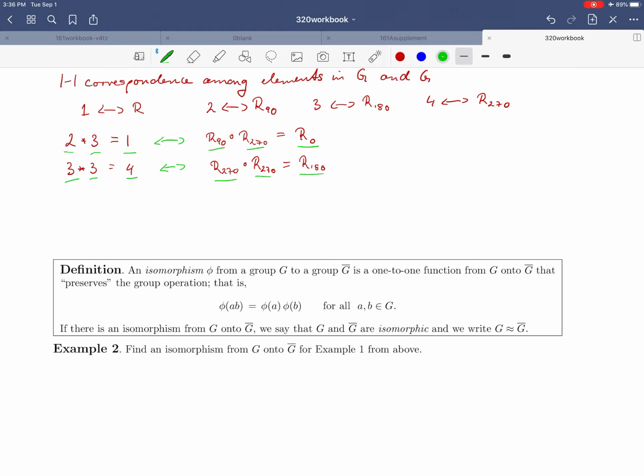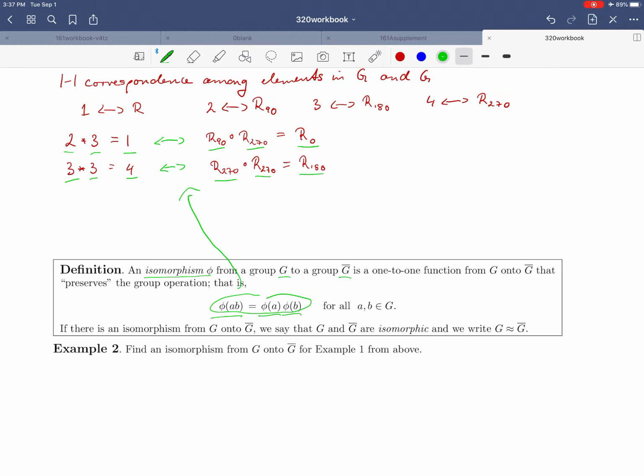So the definition says an isomorphism phi from a group G to a group G bar is a one-to-one function from G onto G bar that preserves the group operation. So phi of A times B is phi of A times phi of B for all elements A, B in G. We saw 2 examples of this right up here.